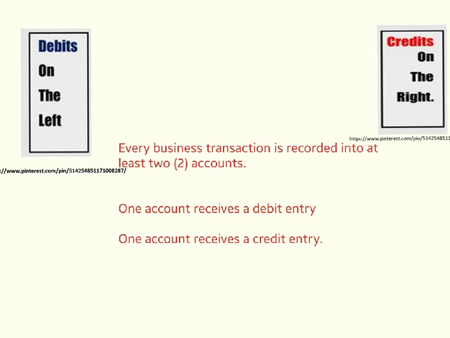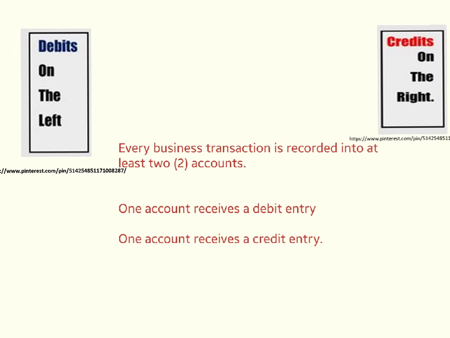Debit just means on the left. So if you're looking at your T account, on the left is always the debit side, and that's the abbreviation for debit. Credits, on the other hand, are always on the right side. So your credits always go over here. And again, as we showed in the slide before, the title of the account goes there.